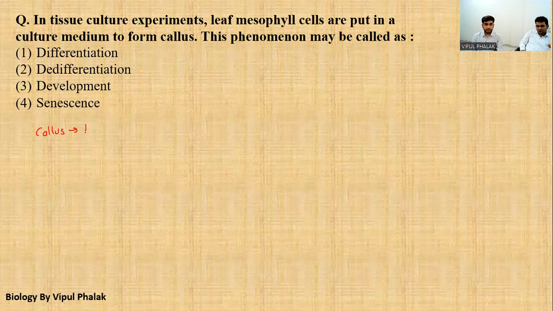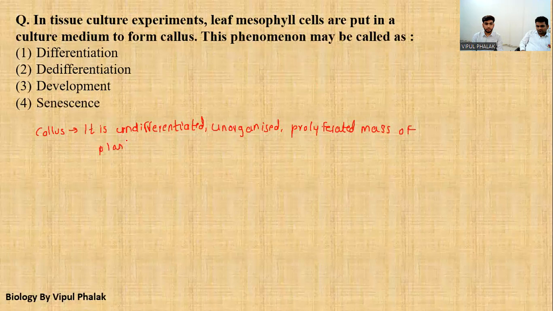Callus means it is an undifferentiated, unorganized, proliferated mass of plant cells. Proliferated, we can also say that it is a continuously growing mass of plant cells.